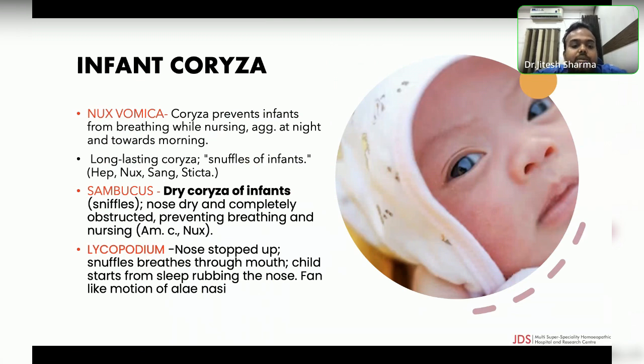The nose gets stopped up, completely blocked. So long-lasting coryza, that is snuffles of infants. Other remedies are like Hepar sulph, Sanguinaria can, and Sticta pulmonaria also marked very much. Another remedy you can think of is Sambucus, where there is dry coryza of infants, nose completely obstructed, which prevents breathing and nursing both. Even Ammonium carb has this, so you do the differentiation accordingly, which has to be given.